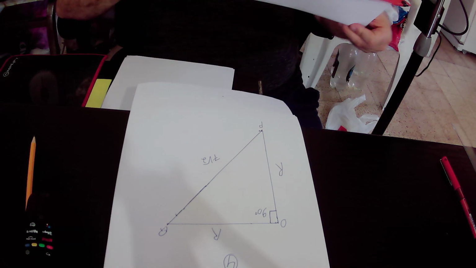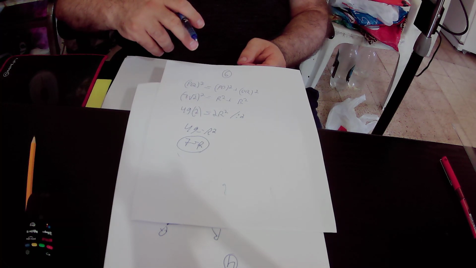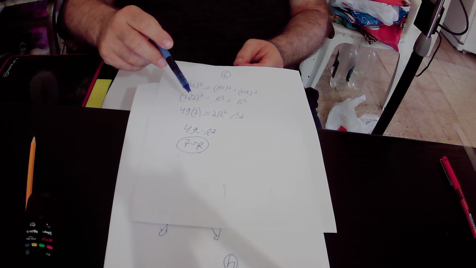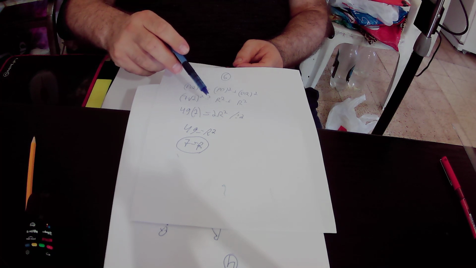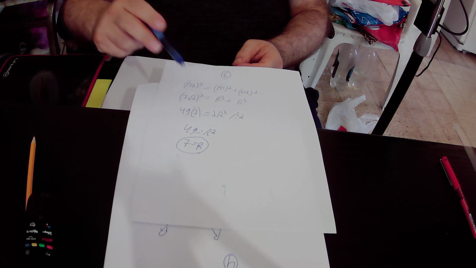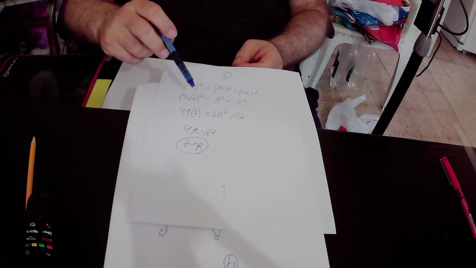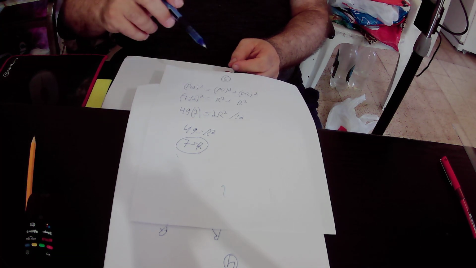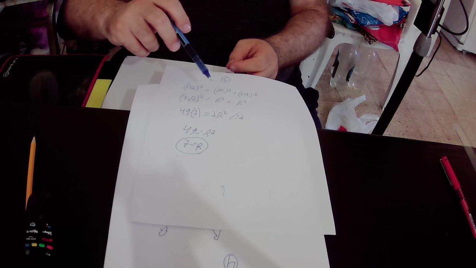So after we took out a root of that equation, we got that the root of 49 equals to 7, and the root of R square equals to R. Actually, the root of 49 can also be negative 7, but because of the fact that we are dealing with radiuses, it cannot be negative.